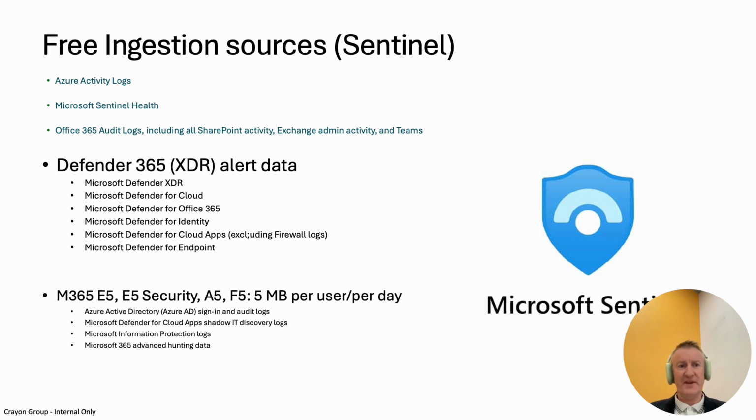And that log data, as you see here, is Azure Active Directory data or Entra ID, Defender for Cloud Apps, information protection logs, and the M365 advanced hunting data. As always though, make sure that you set up cost limits and make sure that you check what your allowances are so that you're not going to end up with an unexpected cost there.